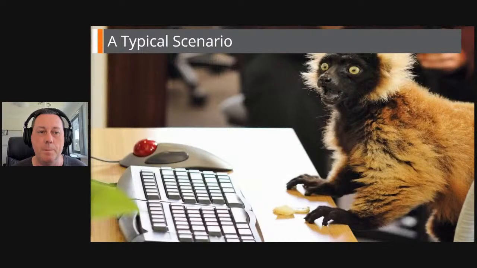Okay, let's move on and talk about more practical scenarios. A typical scenario is one a WordPress designer, developer or copywriter will find themselves in. The client has an existing website, and the designer, developer, copywriter, whoever it is, has been commissioned to do some work on that website.